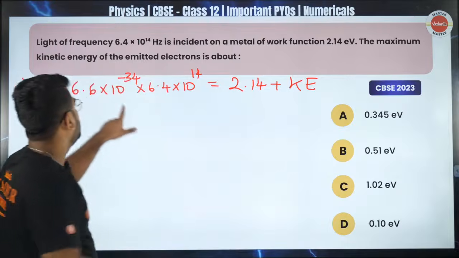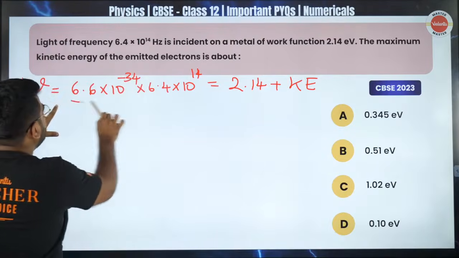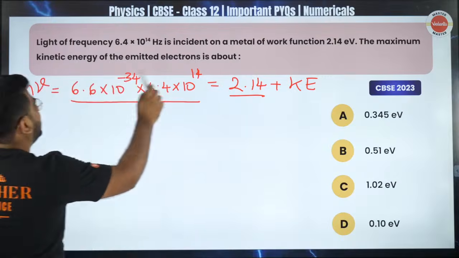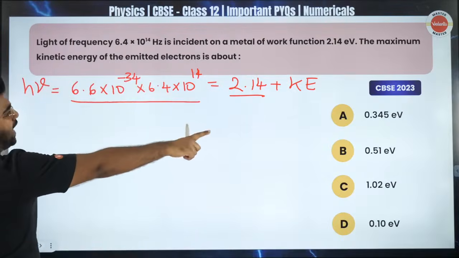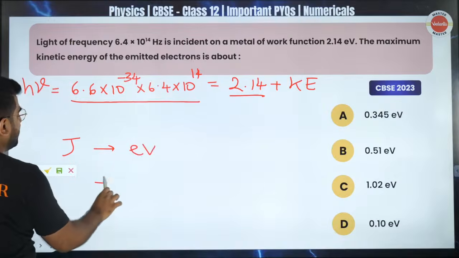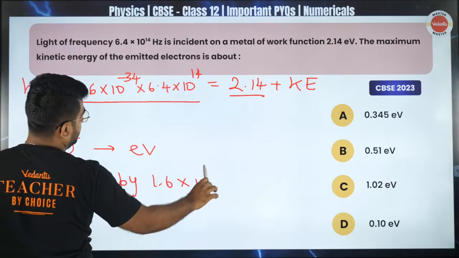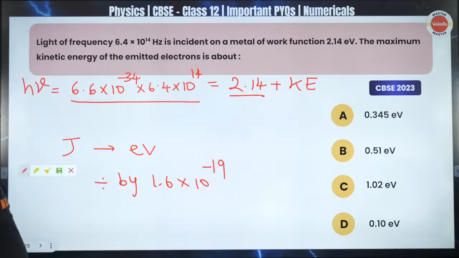Now this is in joules, this is in electron volt. So when you convert joules to electron volt, divide by 1.6 into 10 to the power minus 19.